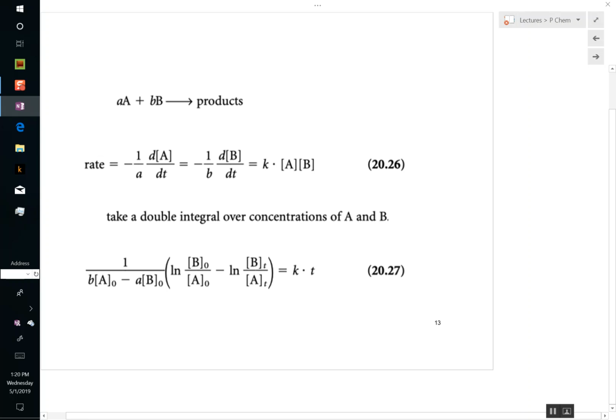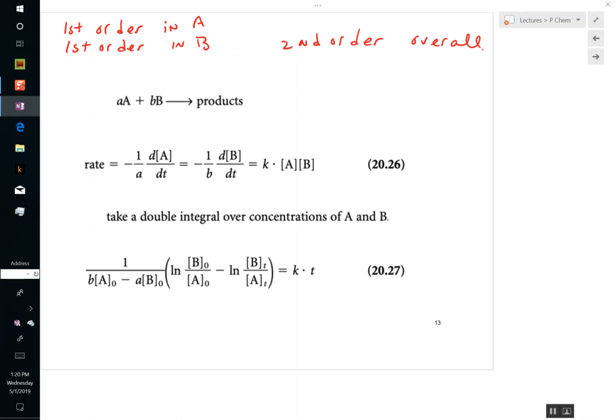Okay, this is first order in A, first order in B, second order overall. So here's where it starts getting a little bit more complicated.